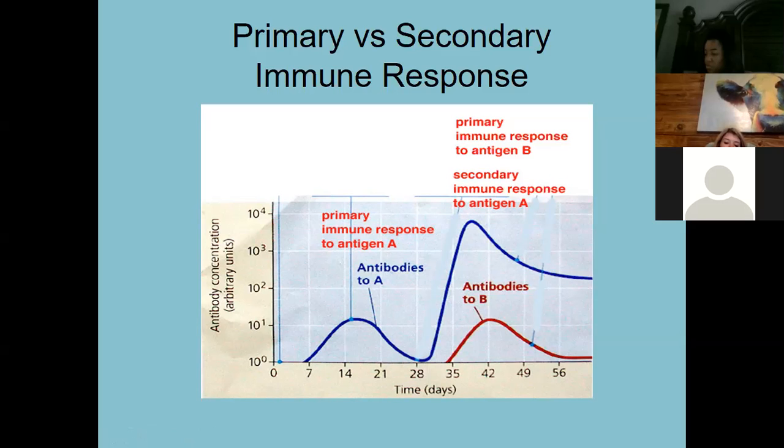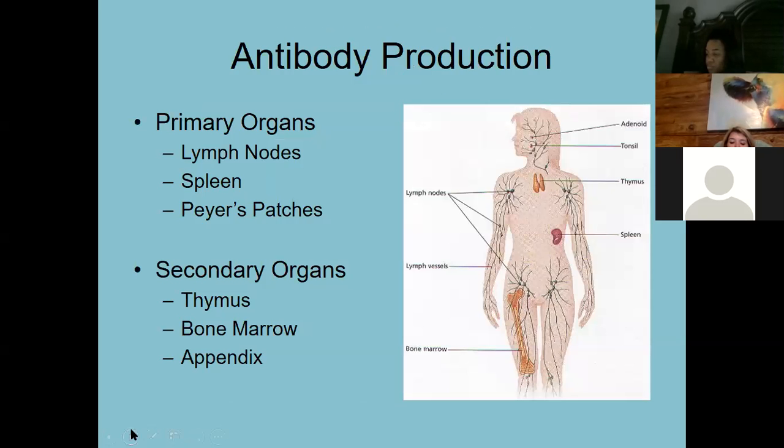The antibody that your body produces to fight off antigen A only works for antigen A. If you are exposed to another antigen, say B, and you don't have any antibodies, then you're going to get sick with whatever condition that is. So antibody production is very specific to only a single antigen.